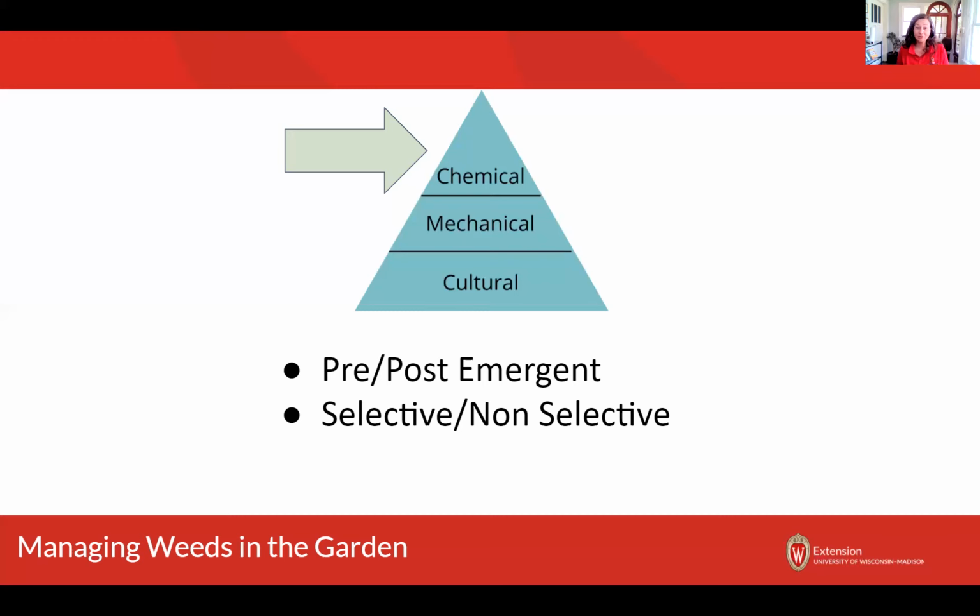Most weeds inside vegetable gardens can be managed through those mechanical means. However, there are going to be times that you may find that the situation says that we need to use a chemical control method. And when those occasions arise, make sure that you're following the directions on the label, okay?